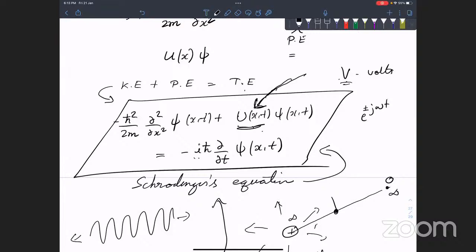This is the math I will have to solve. I'll have to impose different kinds of potential, see what answers I get, and do experiments. They did exactly that. Turns out every single answer they got was correct. So that is why people keep using this formalism.